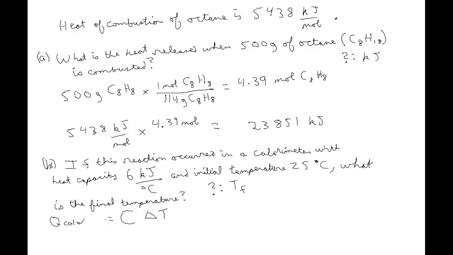Now we can distribute this number. That is equal to 6,000 TF minus 150,000.